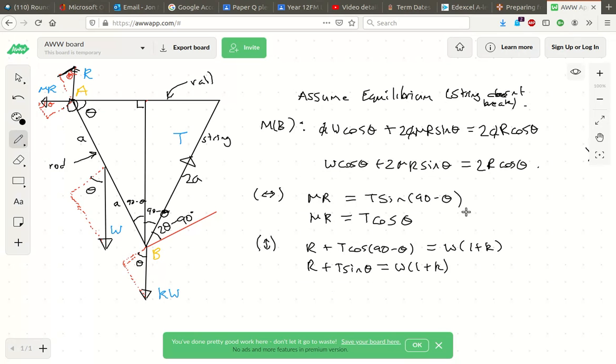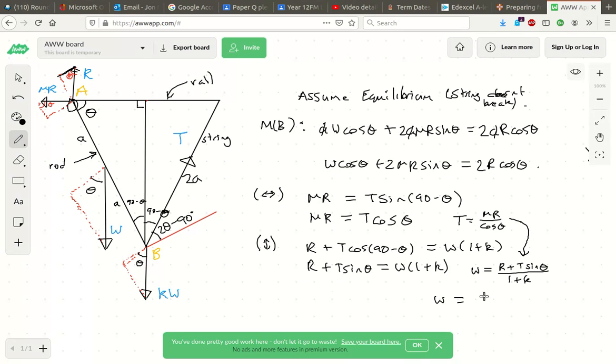We can now say that T equals mu R over cos theta. And I can also say that W is, if I just quickly rearrange that, what am I going to get? R plus T sine theta over 1 plus k. But let's even go further and plug this in so we get rid of the T's. We don't want any T's in our working.